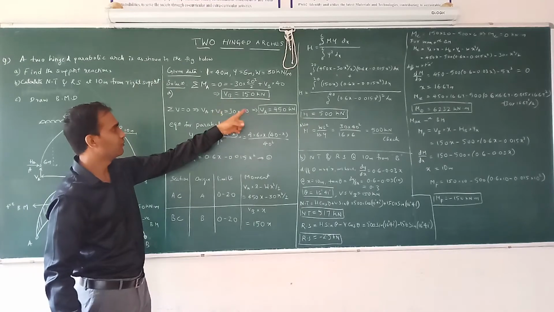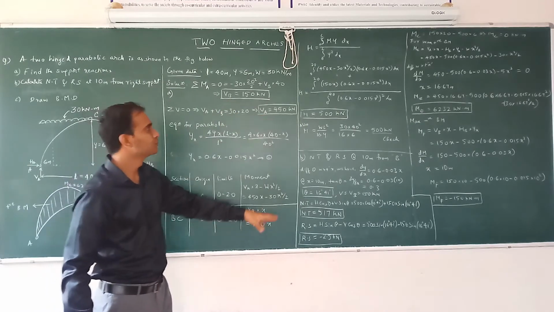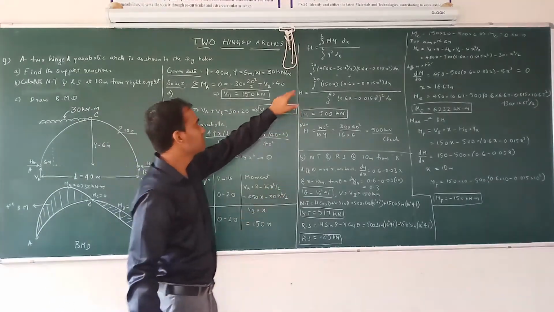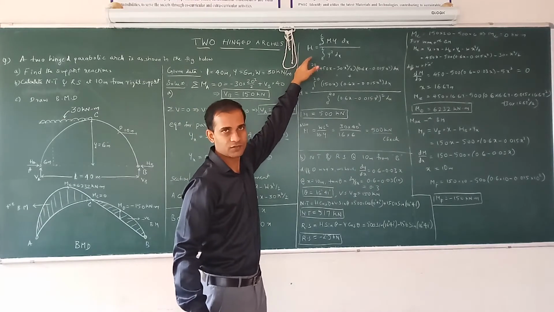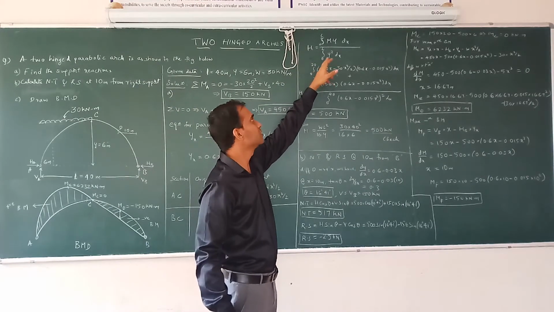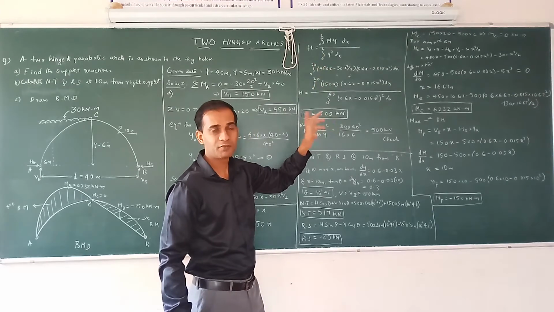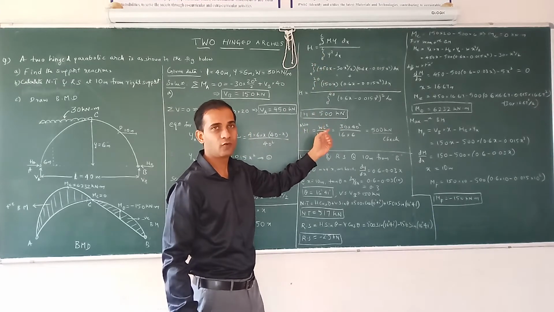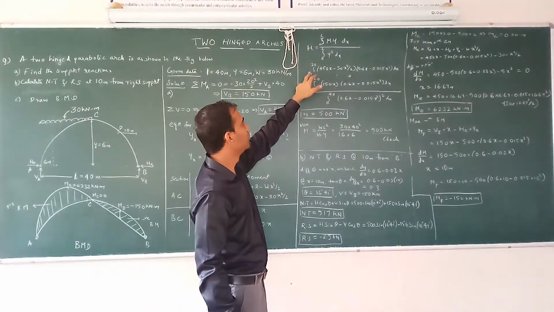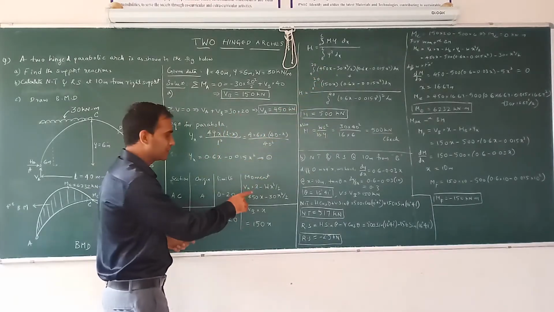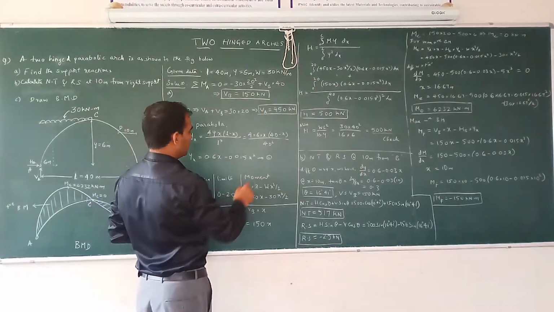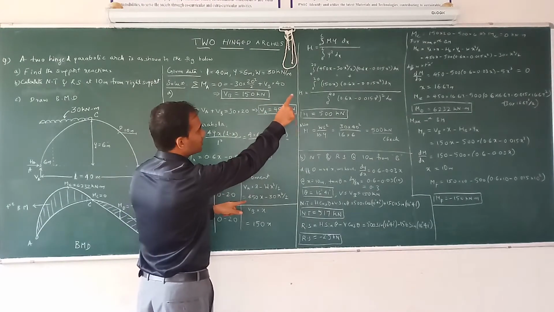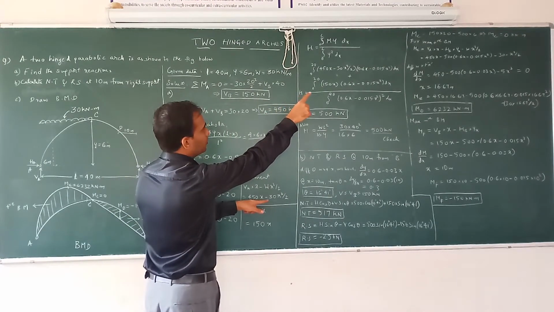Now for the horizontal support reaction H, we have the equation: integral from 0 to L of M into y dx, upon the denominator integral from 0 to L of y square dx. Substitute all the values for both sections AC and DC. For AC, limits 0 to 20, moment is 450x minus 30x square upon 2, into y of x, dx.